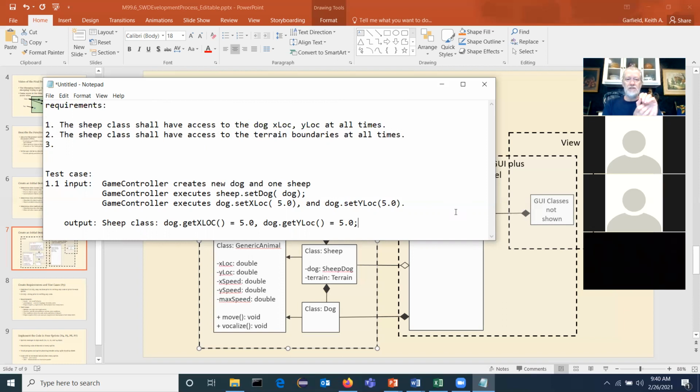But I'm using specific values here, and we're telling the person conducting the test what to put into the system. Now, how does the person conducting the test set the dog X location and Y location to 5.0? Can you do that from the keyboard? Can you do that from the gameplay interface? Almost certainly not.